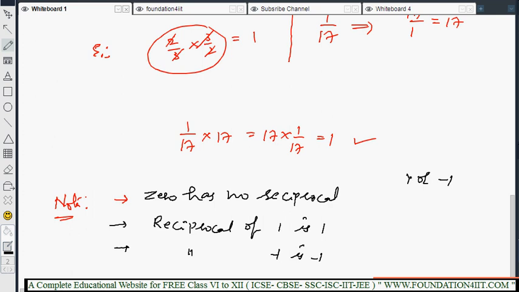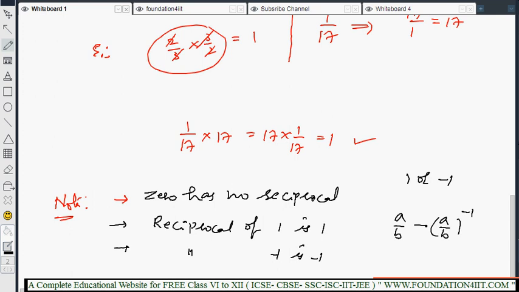So for objective purposes, remember that a number being equal to its reciprocal happens for 1 and minus 1 only. And for fractions, for example a by b, we can write a by b whole to the power of inverse also.